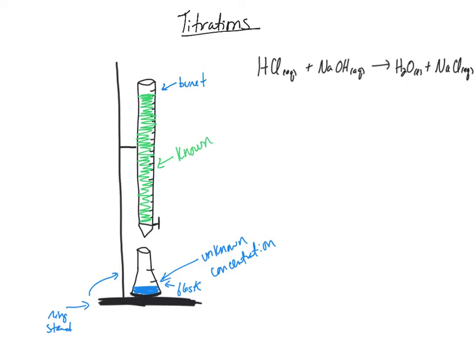So we know exactly what the concentration is of the stuff that's filling the burette. So what we do with a titration is we take the stuff that we know the concentration of and try to determine the concentration of our unknown, whatever that may be.